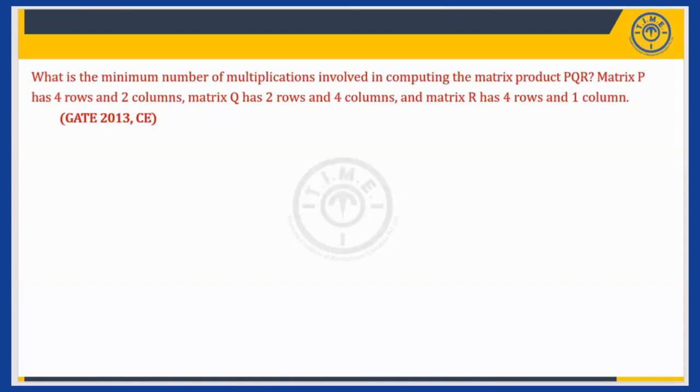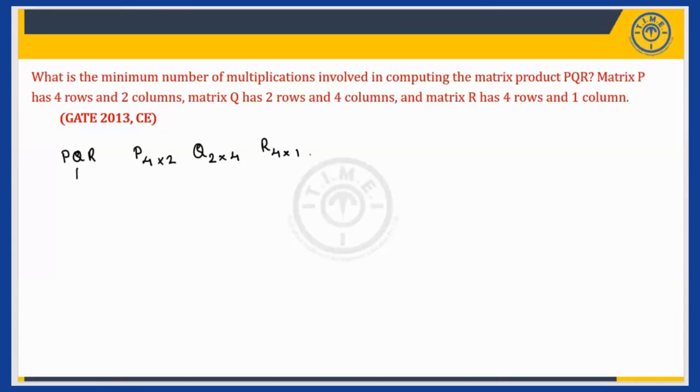Yeah, here is the question, guys. Again, this was asked for civil. The minimum number of multiplications involved in computing the product PQR, where P has 4 rows and 2 columns, Q has 2 rows and 4 columns, R has 4 rows and 1 column.